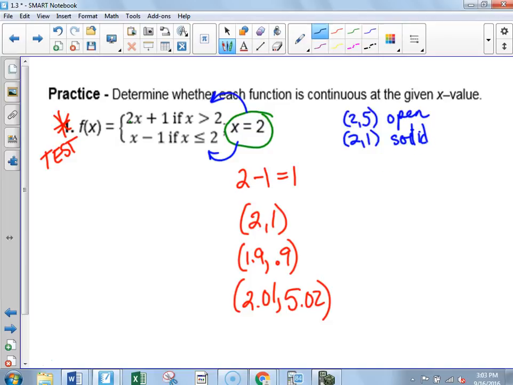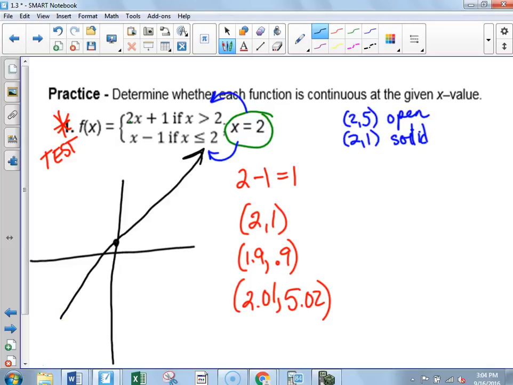Just because eventually you're going to have to do these, I'm going to run through what the graph looks like. Badly drawn, no doubt. 2x plus 1 would cross at 1, and it would be going up kind of steep, okay? What does x minus 1 look like, guys? Crosses here, and it's less steep, right? But still going up. How do I figure out what this graph actually looks like?